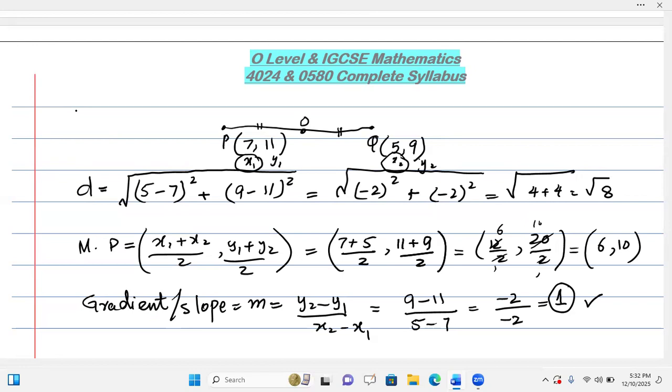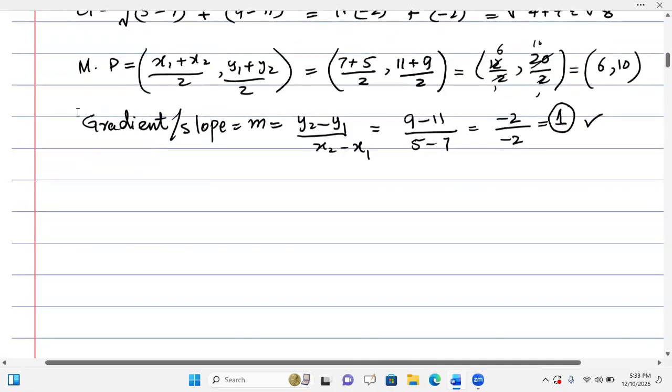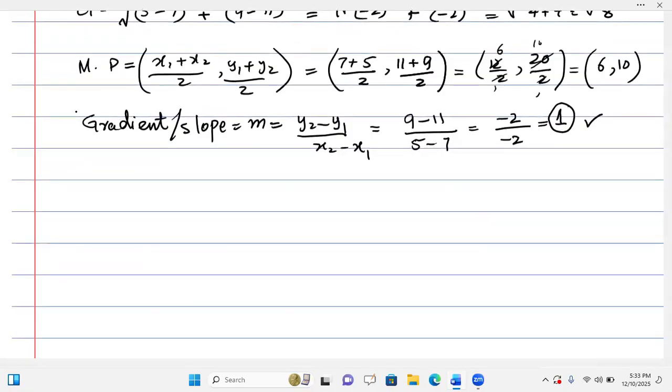If we go according to past paper questions a little bit, it says AB is a line segment and B is the midpoint of line segment AC. Find the coordinates of C. He is saying that AB is a line segment joining A and B. A point is given, B point is given.